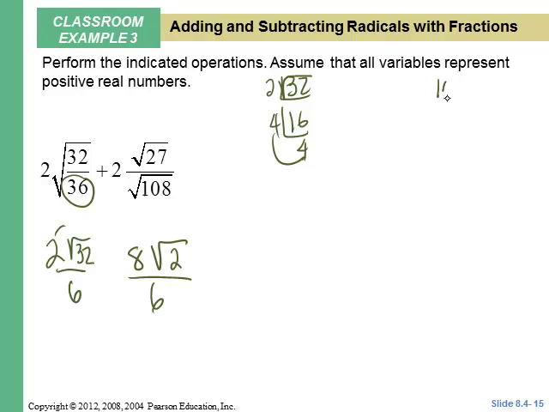Now, if you do 108 divided by 4 is 27, divided by 9 is 3. We have one pair of 2's here, one pair of 3's here, so we have to multiply the top and bottom here by the square root of 3 to get rid of this denominator.